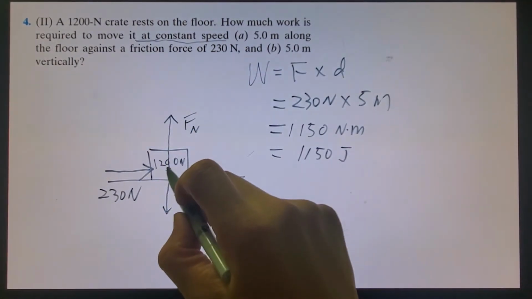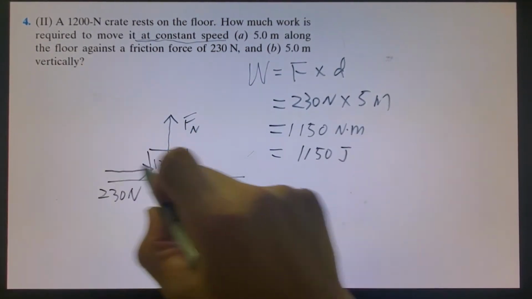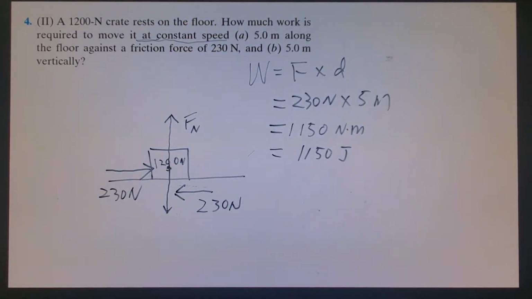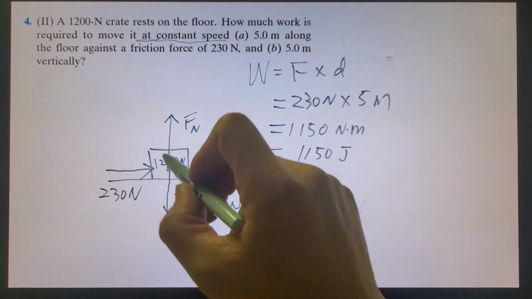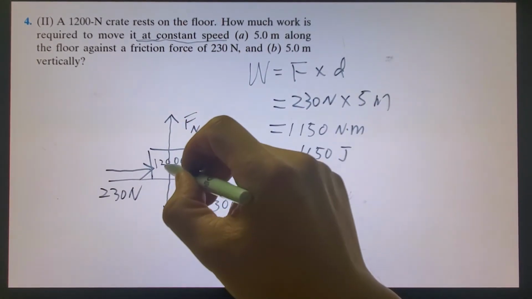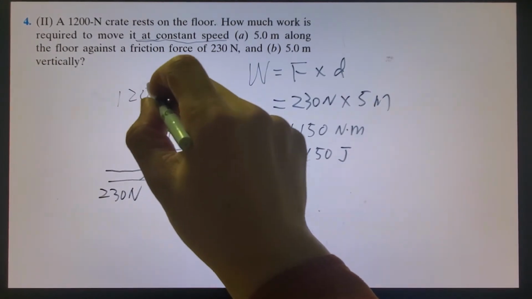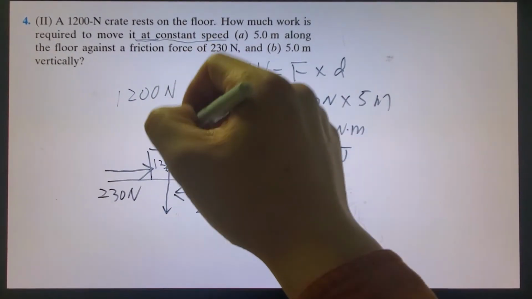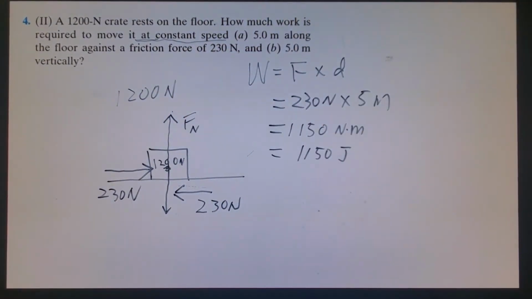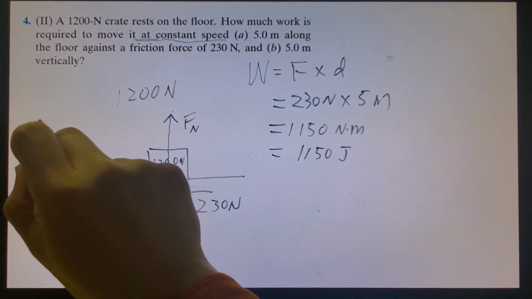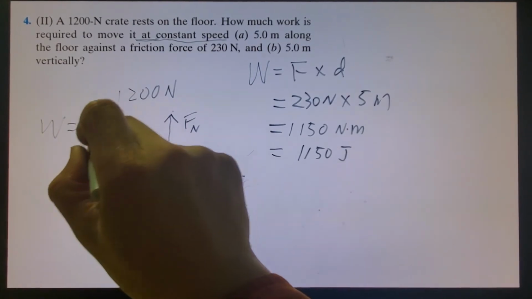Instead of pushing it in this direction, you're going to push up at a constant velocity. That means there's no net force. So pushing it up, you have to spend 1,200 Newton in order to push it up at a constant velocity. All right, so work is equal to force times distance.